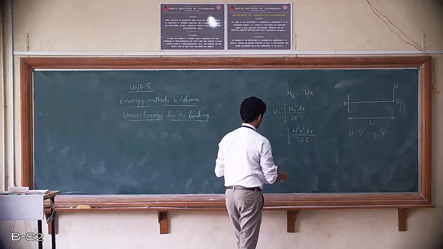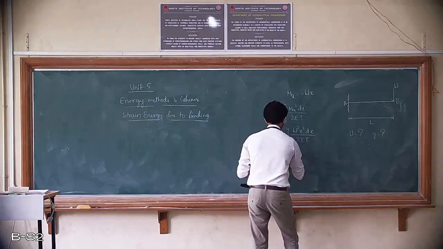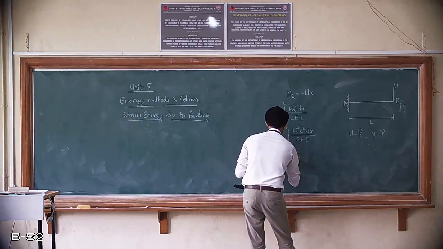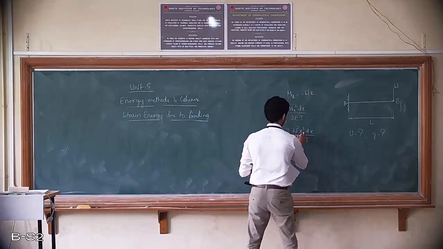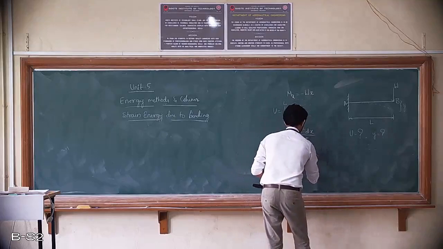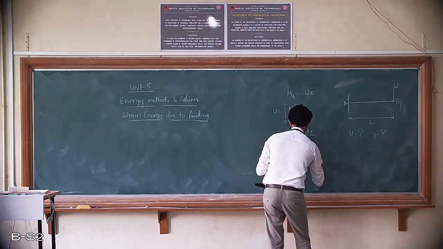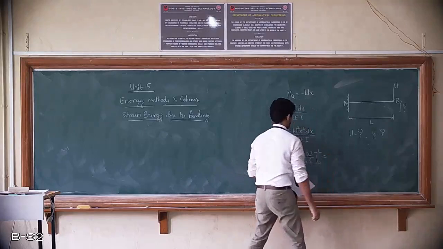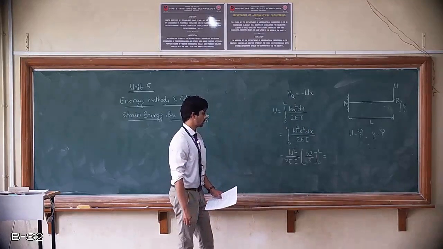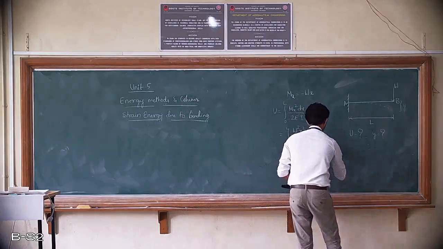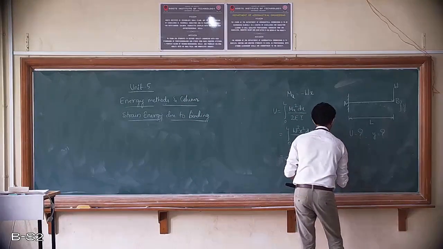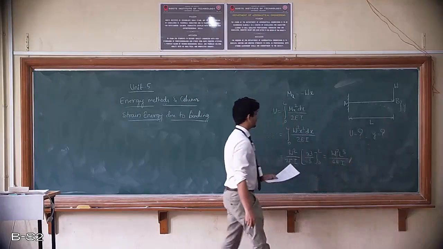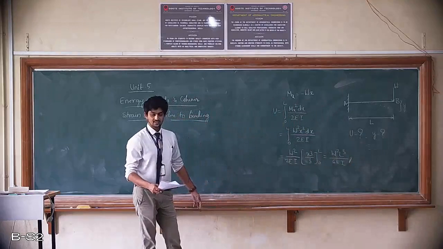Now integrating with respect to x, we get W square divided by 2EI, then the integral of x square is x cube divided by 3 for the limit 0 to L. Substituting the limits, we can write W square L cube divided by 6EI, since 2 times 3 is 6EI. So this is nothing but the strain energy.